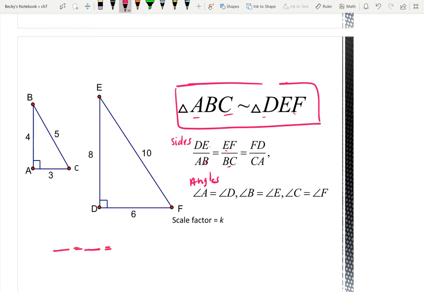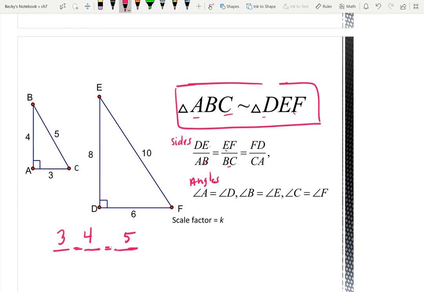Now, once you make this, let's just do this real fast. Ignore that bell. Okay, now we don't have to go in this order. If I told you to write a proportion, you could just look at the two triangles and decide which triangle's information you want to go on top. Now, my little trick is I usually go in order, like smallest to greatest. So if I look at the tiny triangle, I would write 3, 4, 5 across the top.